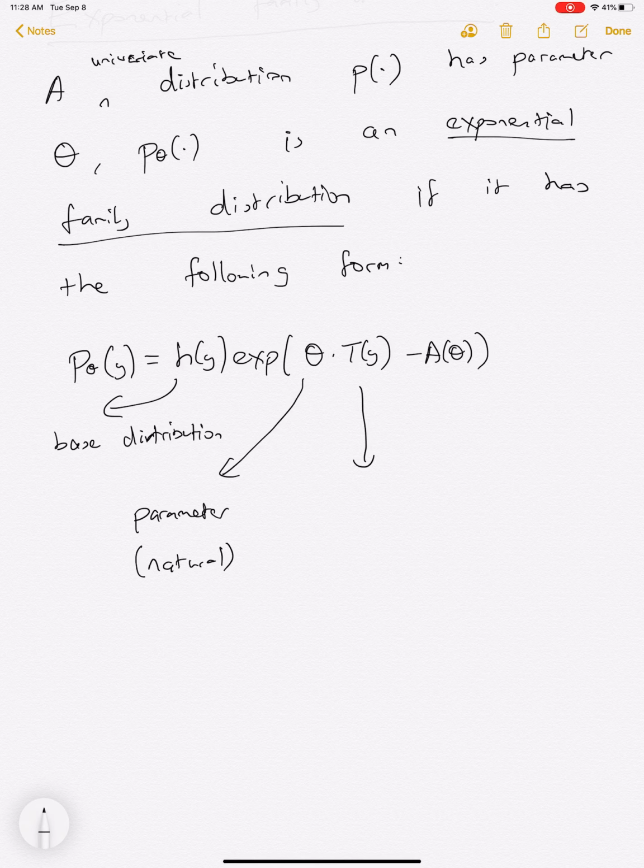There's this, which is referred to as the sufficient statistic. Why it's called sufficient statistic is not super important. We will touch on it briefly, but we'll see that calculations will be pretty easy. And this is probably the thing that's going to be most important throughout, and this is referred to as the log partition function.